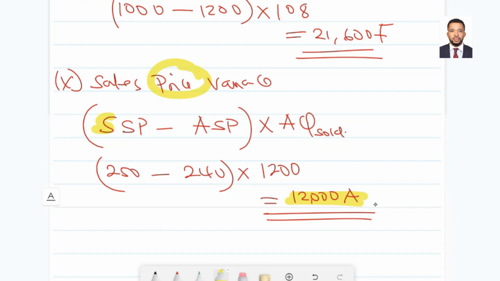That's the selling price. And this one is the actual selling price, the price it was later sold. You budgeted to sell each unit of your product at 250. You have now sold it at 240.